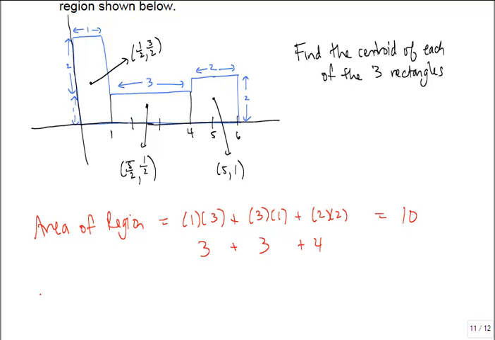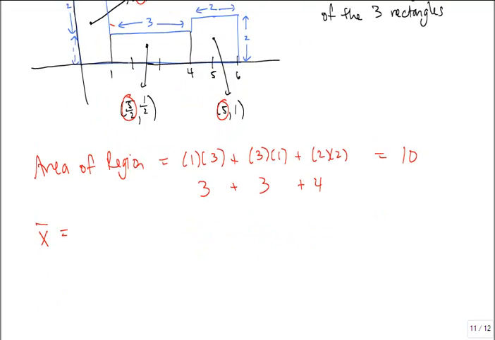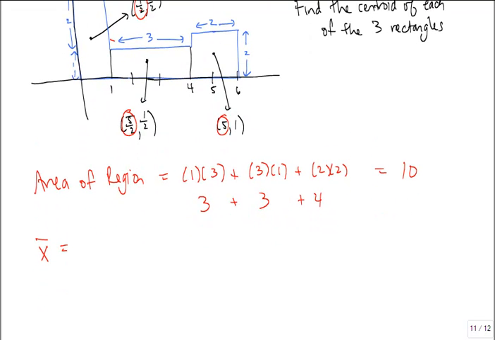So to get your x bar of the entire region, what we're going to take is the x values of each of our three centroids, and we're going to weight them by the area of that particular shape. So we're going to take this 1/2 and multiply it by the corresponding area of that particular rectangle. And then we're going to do that for the middle one and for the right one as well.